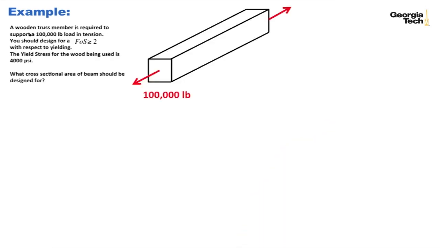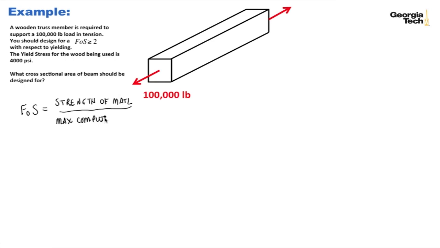And so let's go ahead and start by writing the factor of safety. Factor of safety is going to be equal to the strength of the material for yielding, divided by the max computed stress.